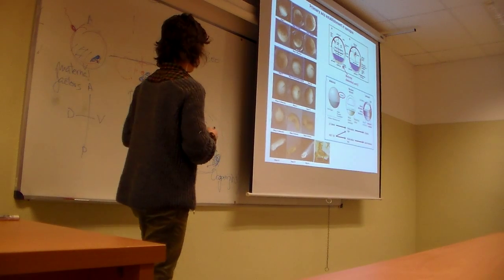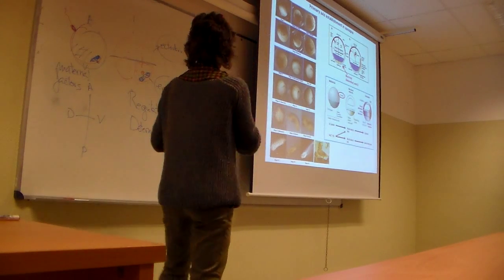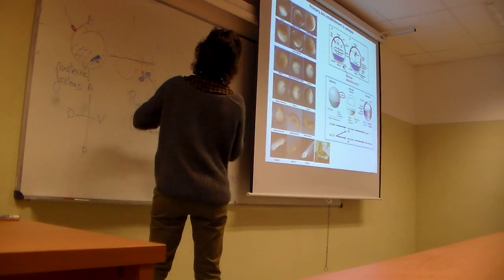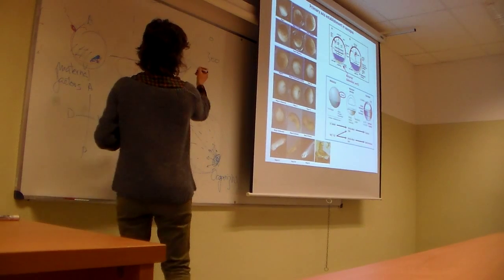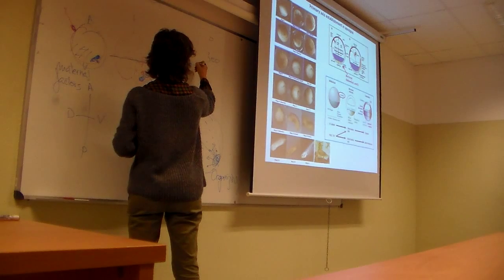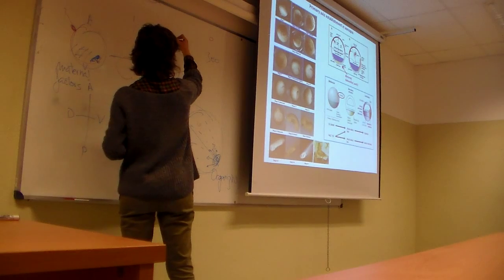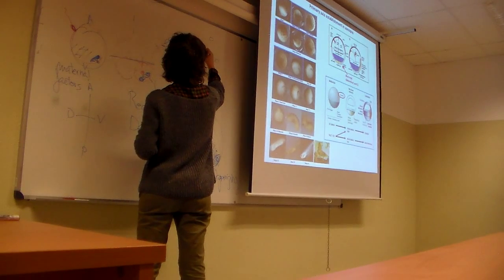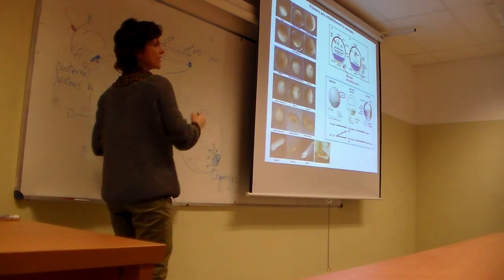For example, in the case of the formation of the limbs during development, the organizing center that is here will say, here you must have the arm, and here you must have the hand, and here the digits, okay? And this is because the organizing center says it.